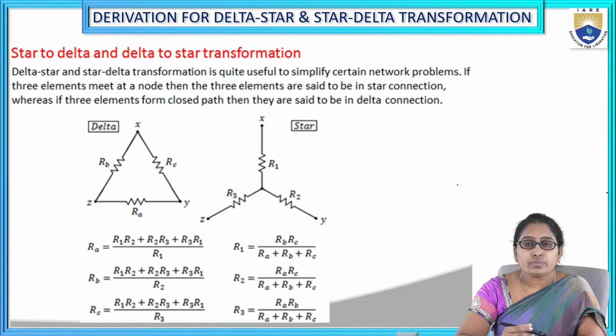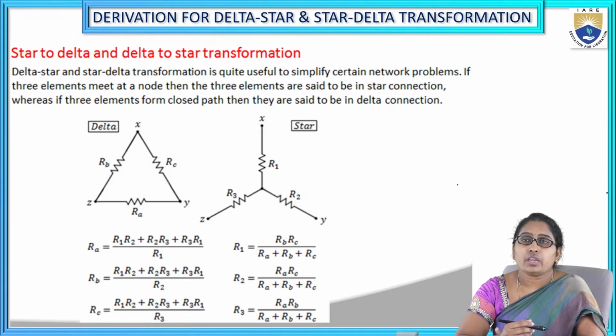If three elements meet at a node, then the three elements are said to be in a star connection, whereas if three elements form a closed path, then they are said to be in delta connection.